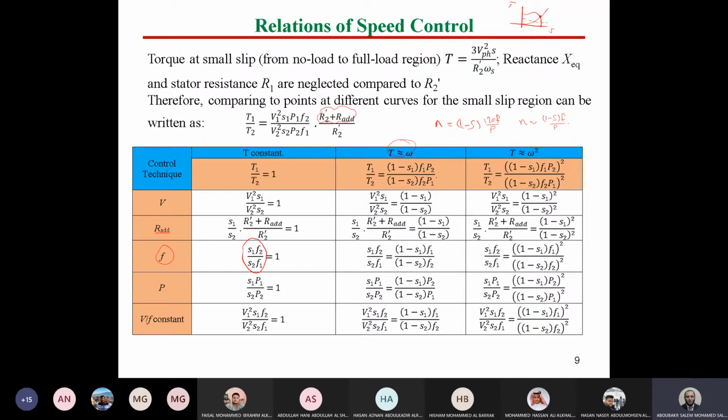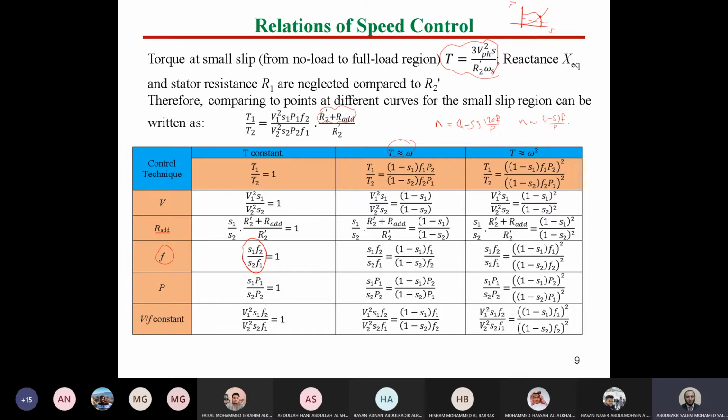We are equalizing two relations, the motor relation and the load torque-speed relation. You know the motor relation is that one. And the load torque relation may be constant, may be T proportional to speed, may be T proportional to omega squared, or maybe any other relation. Whatever the relation, it will be given in the exam if it is different.